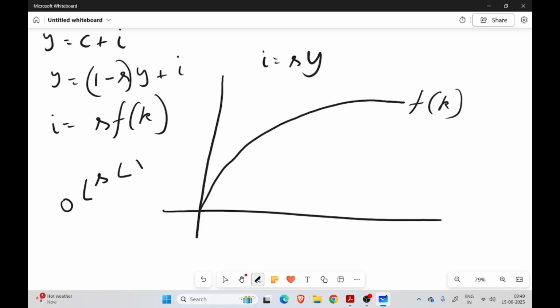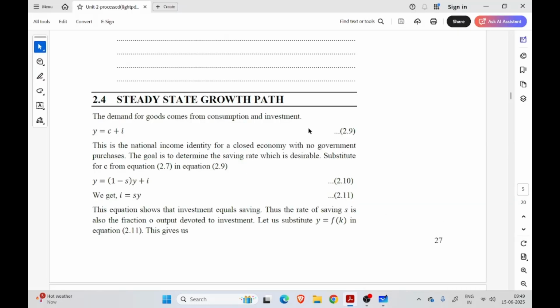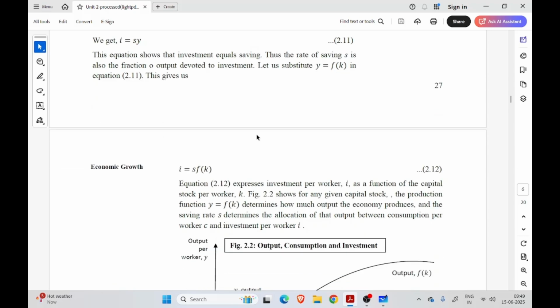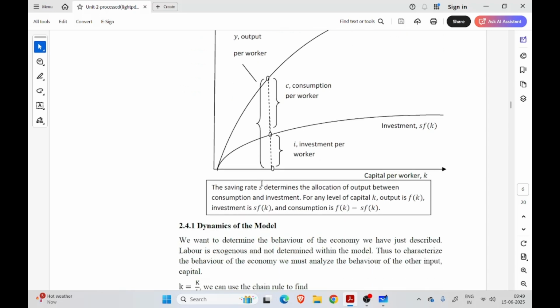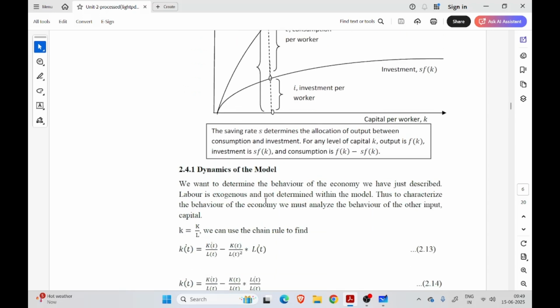Therefore when we multiply something with s, it becomes smaller, so this becomes s f(k). Now let's look at our notes. This is the output f(k), this is the investment s f(k), this is capital per worker, and this is output per worker. This part is investment per worker and this part is consumption per worker.